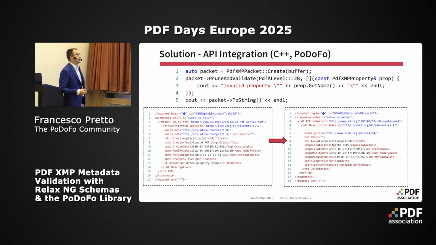It's made, and you can have some feedback on what is failing during this process, and of course you can turn this packet, which contains this invalid PDF trapped and custom property, into something that will validate according to the PDF/A specification. And if the identifiers for the PDF/A specification are missing, they will be added as well.